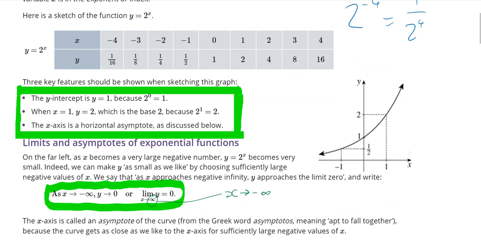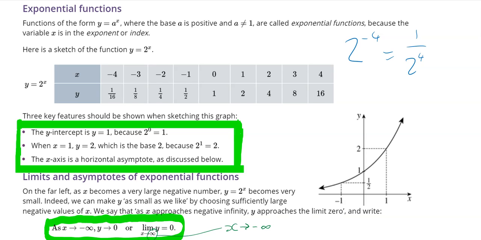And we're going to start looking at limits and what those mean. So for very large negative numbers here, our y value tends closer and closer to 0. If you have a look on the graph, you can see it comes down here. It's going to get very close and approach the line, but never quite get there.